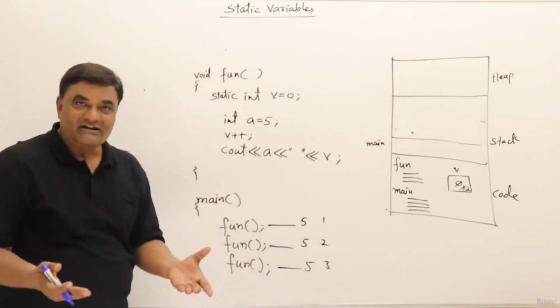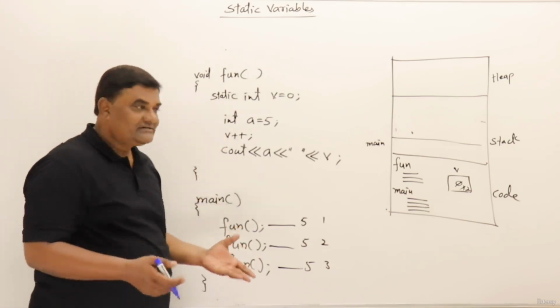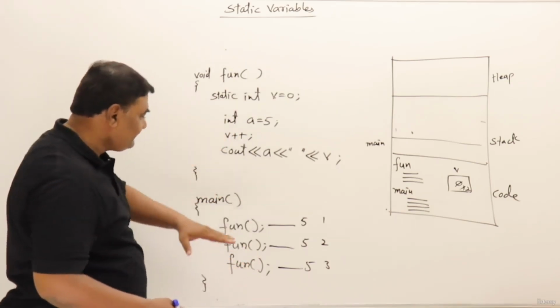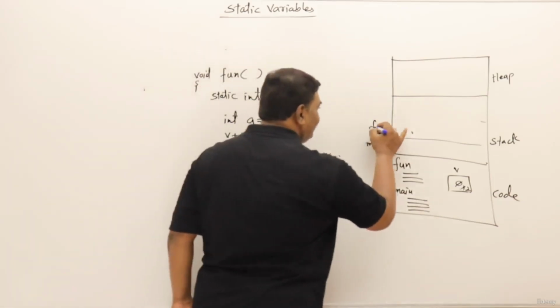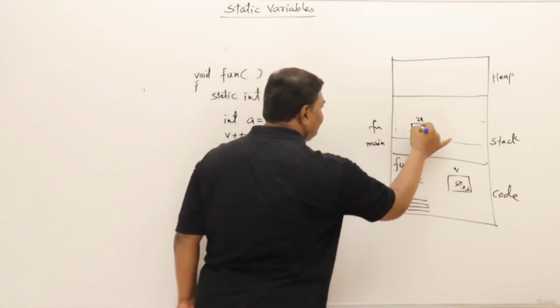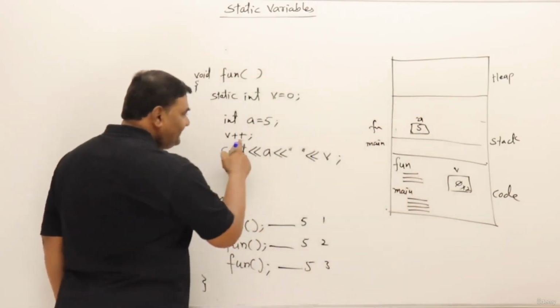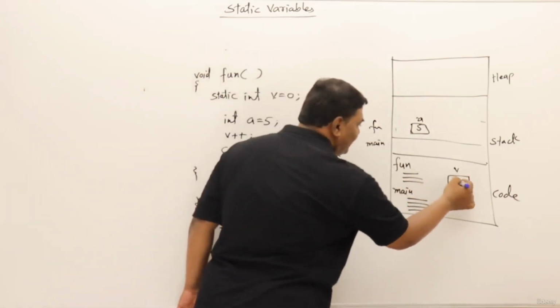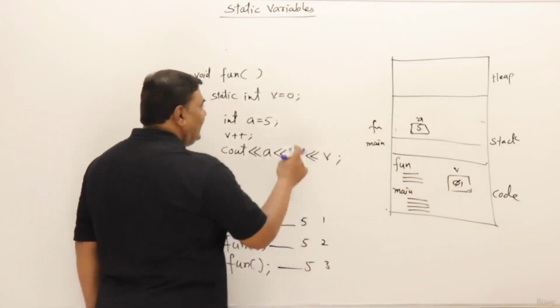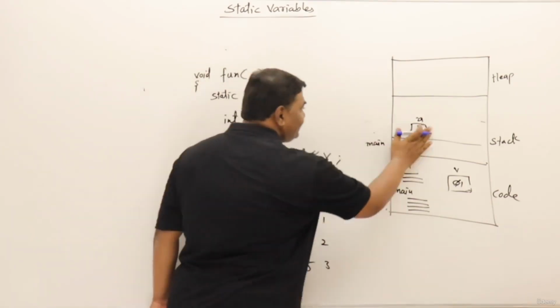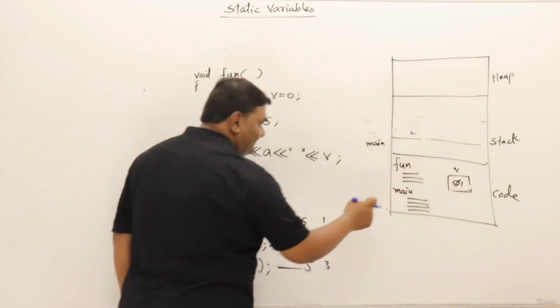Now if I run this program with a static variable, how does it work? Same way, same result. The first time it is called, v is 0, then a is created with value 5, and v++ makes v go from 0 to 1. Then it displays 5, 1, and the function ends. This is gone, but that remains as it is.